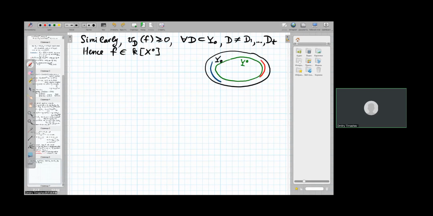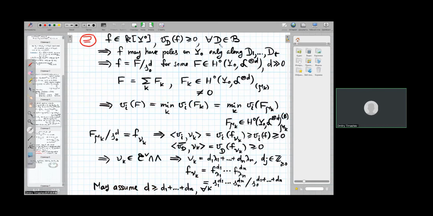So B and this set are complementary sets of colors. Some of them are in B, some of them are in this set.